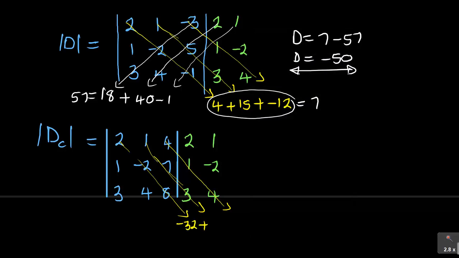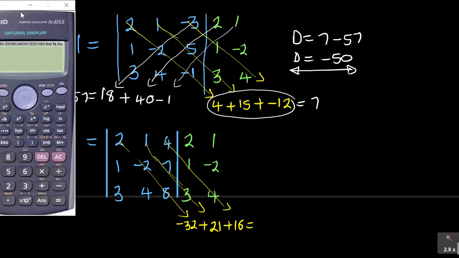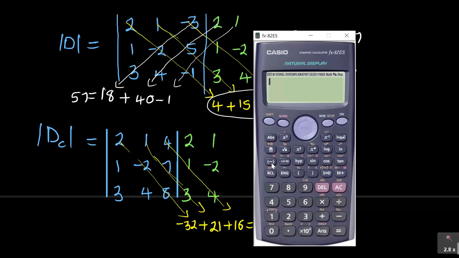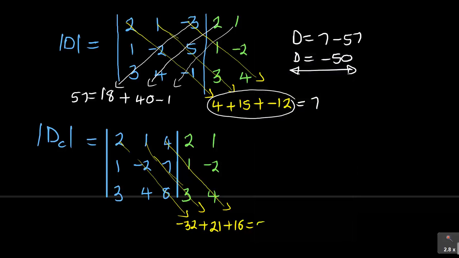Then I say plus 1 times 7, it's 7. 7 times 3 is 21. Then plus 4 times 1 is 4. 4 times 4 is 16. So if I add that, it will be minus 32 plus 21 plus 16, and then it gives me 5 here.